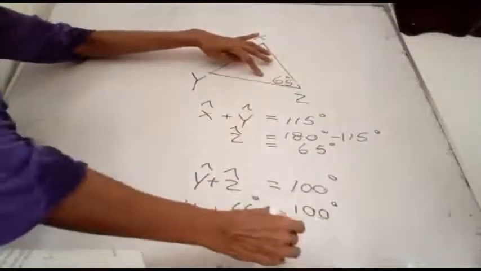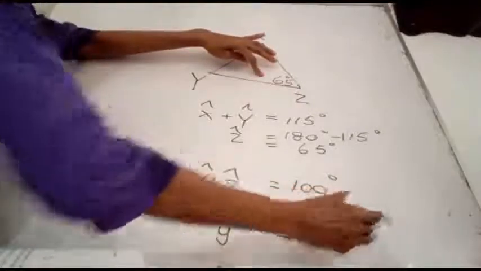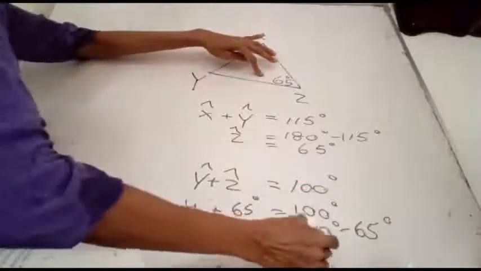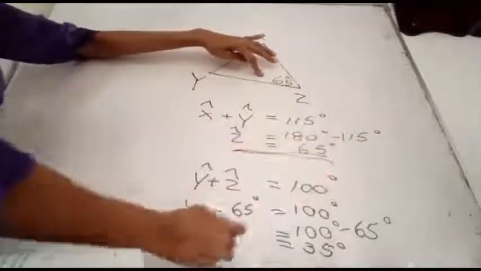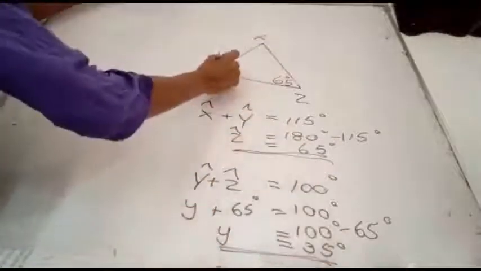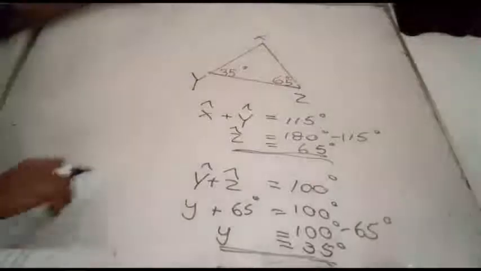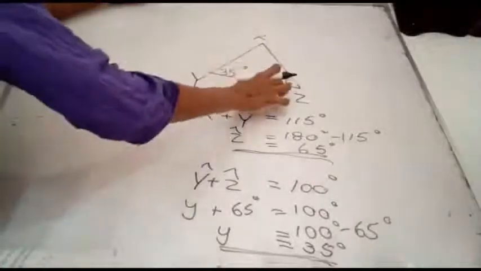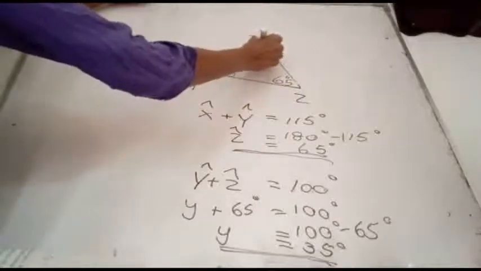Y is equal to 100 subtract 65, which is 35 degrees. Y is equal to 35. Then x plus y is 115, so x is equal to 80 degrees.